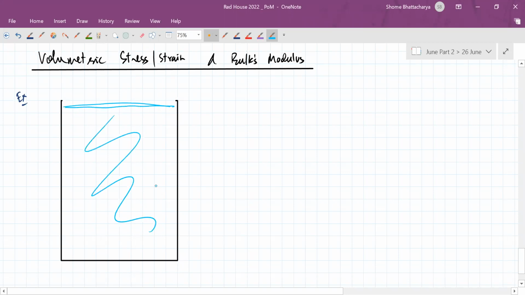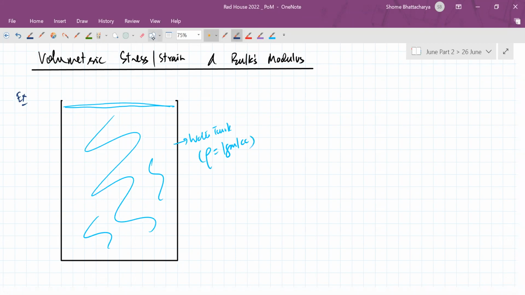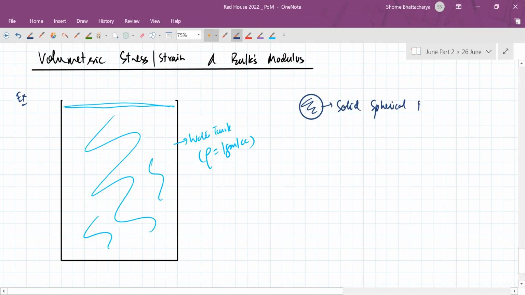Let's say we have a water tank. Density of water is standard value 1 gram per cc. Now we have a spherical rubber ball. So a solid spherical rubber ball.